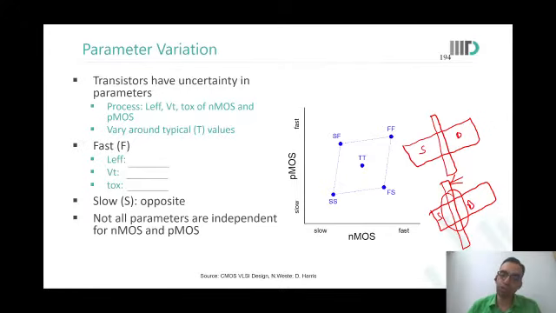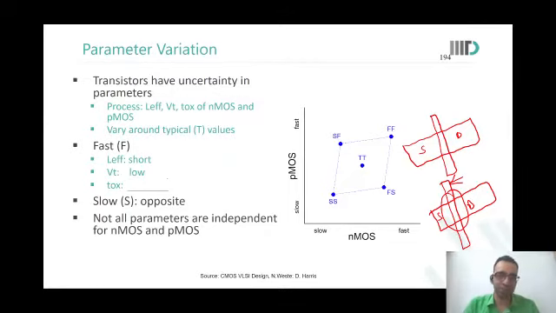So how should my VT change to get a fast device? Should VT reduce or should VT increase? It should reduce, because of the VGS minus VT term. If VT reduces, the VGS minus VT term increases and therefore current increases. Great.